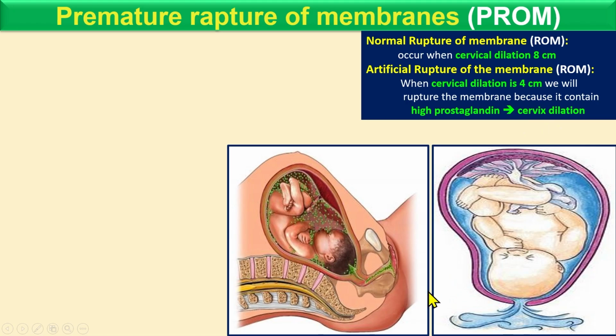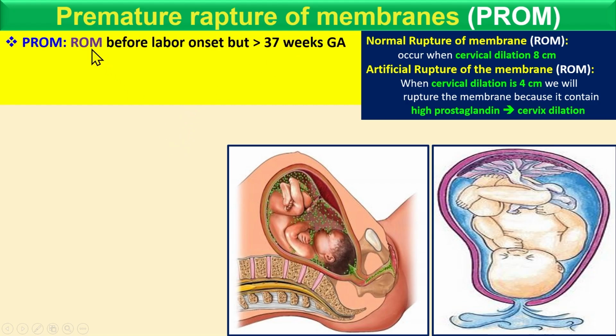So this is normal physiology, but if it occurs before the labor, this is known as premature rupture of membrane. So the rupture of membrane occurs before the labor onset, but after 37 weeks of gestational age, we call it premature rupture of membrane, PROM. Okay.